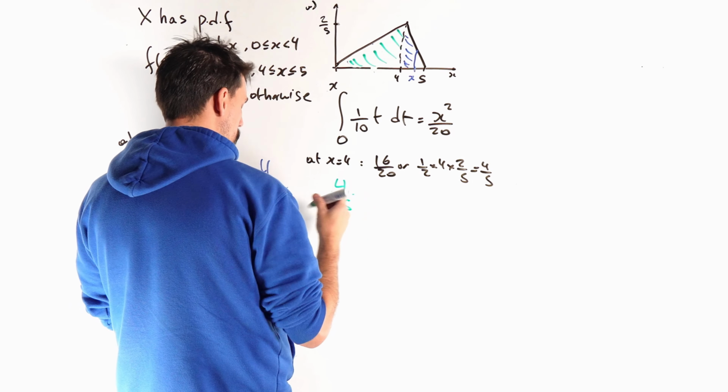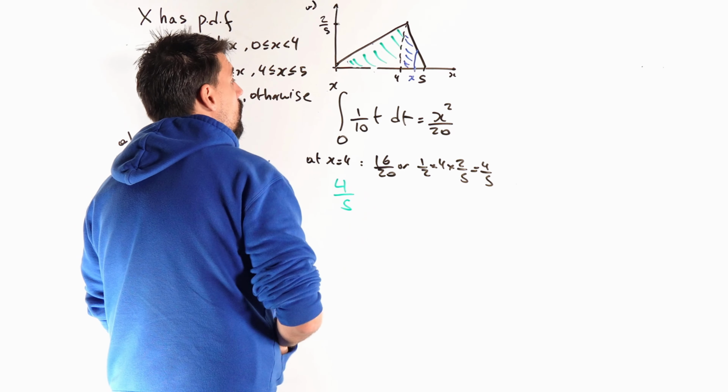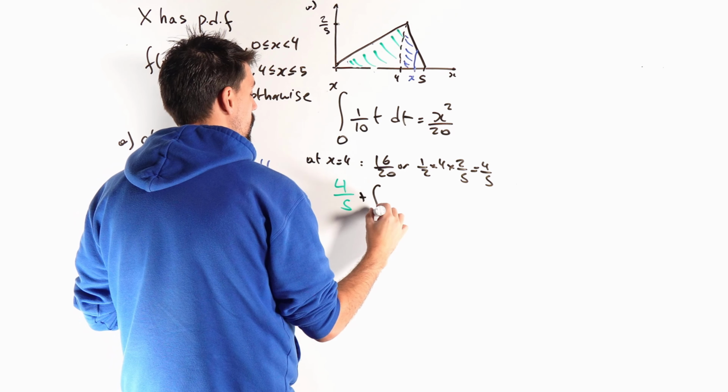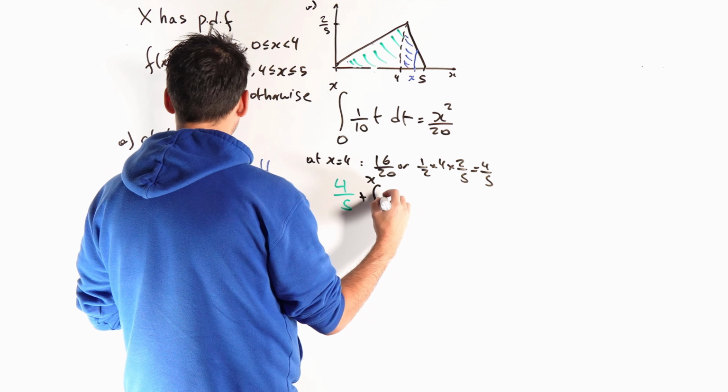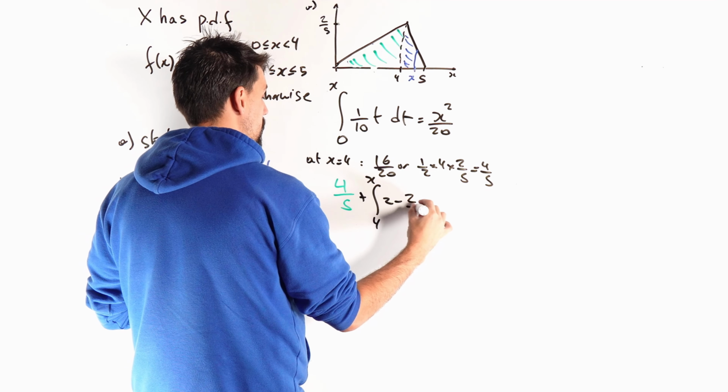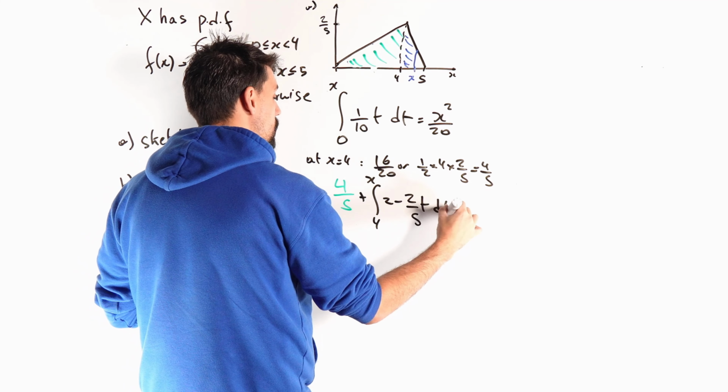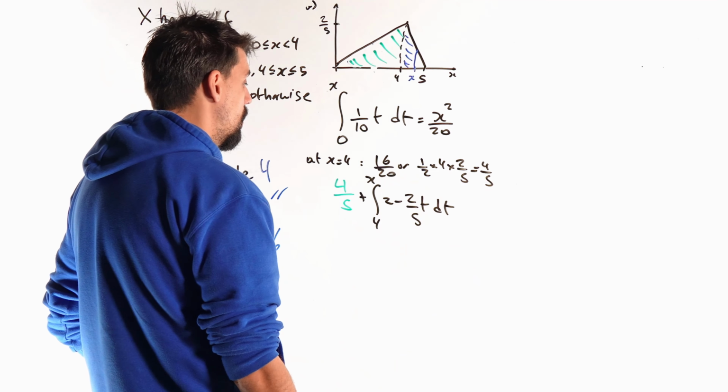So we need that 4/5 plus the integral from 4 to x of 2 minus 2t over 5. And again, just for my own confusion levels, I'm going to use dt.